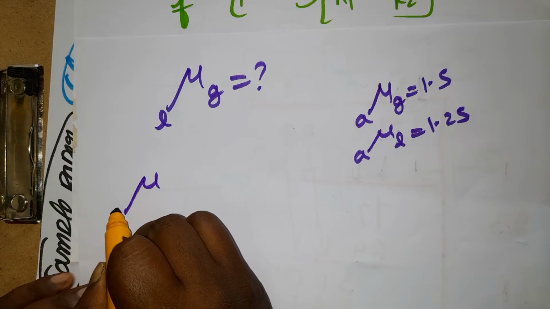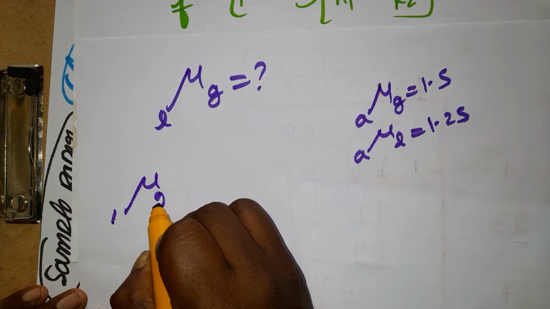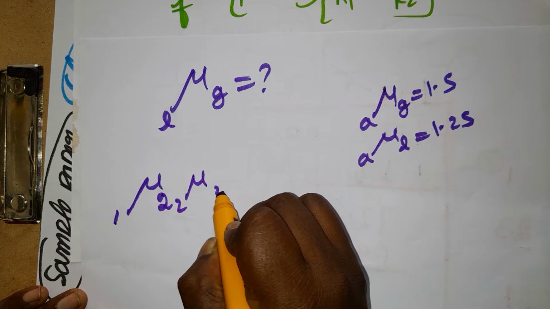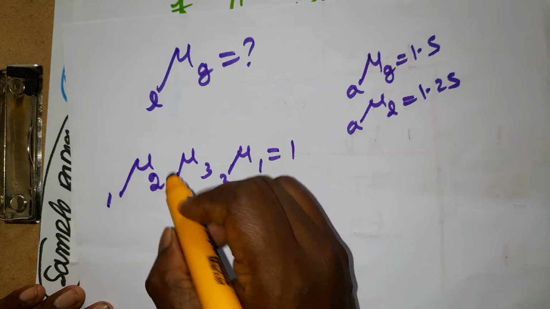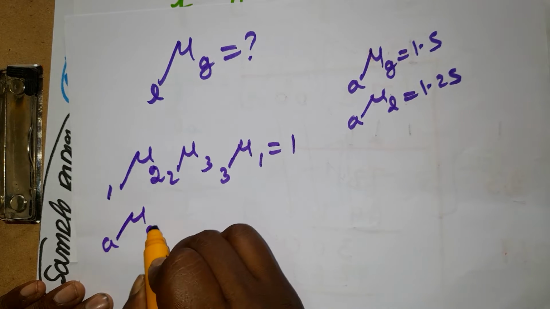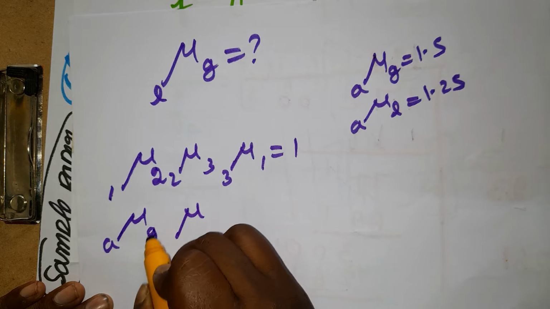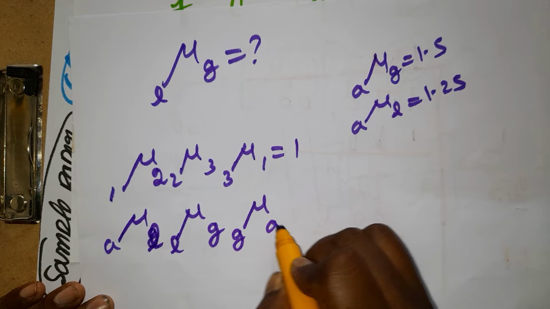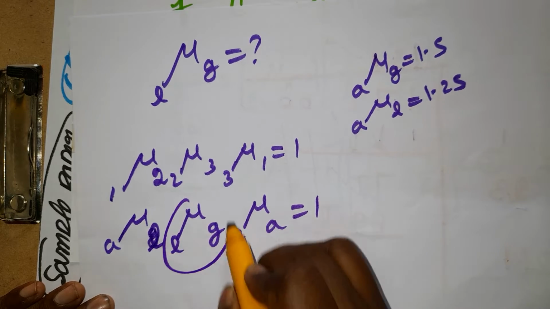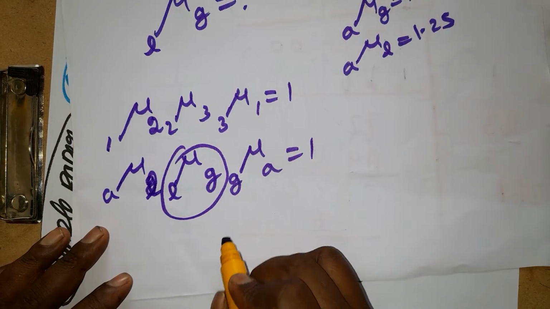So I'll use the refractive index relation in multiple media: 1 to 2, 2 to 3 and 3 to 1 product is equal to 1. So air to glass, air to liquid, liquid to glass, glass to air is equal to 1. This only we want. The remaining 2 you can bring as the denominator.